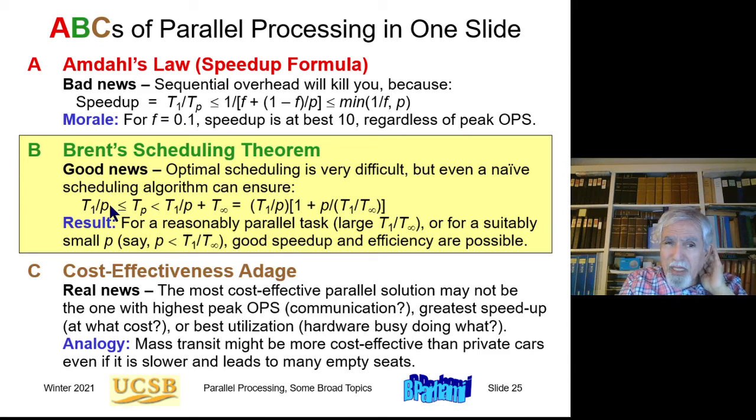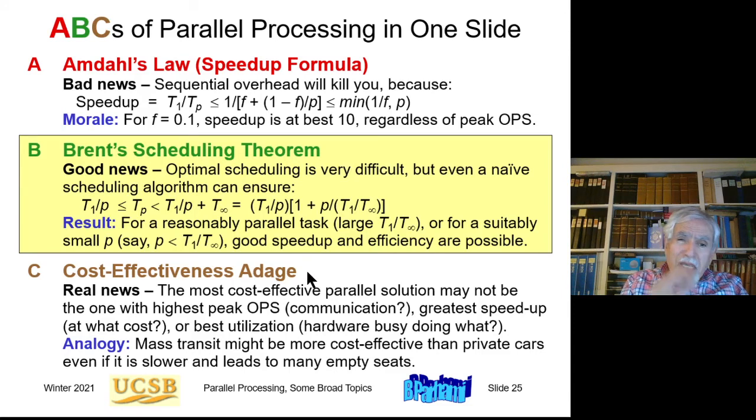So the running time will be between T1 over P and T1 over P times a number that is larger than 1. But how large can this number be? The larger T1 divided by T infinity, the smaller this number becomes. So if T1 divided by T infinity is very large, let's say larger than the number P of processors, then this will be 1 plus something that is smaller than 1, which is pretty good.